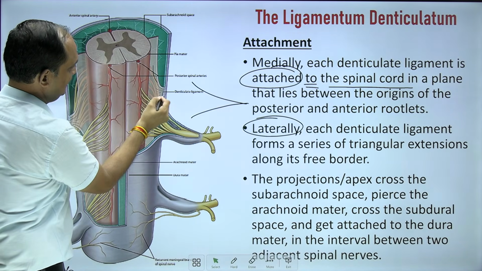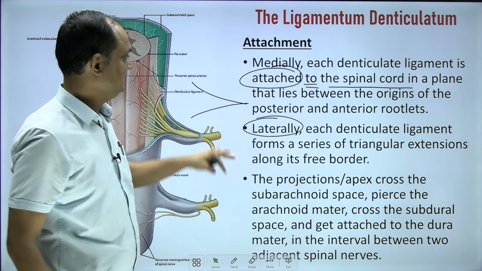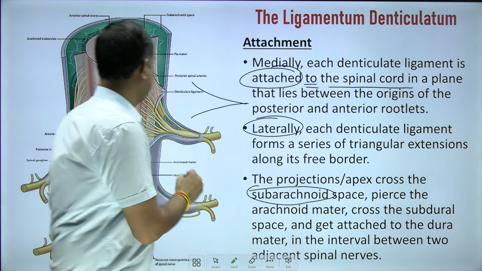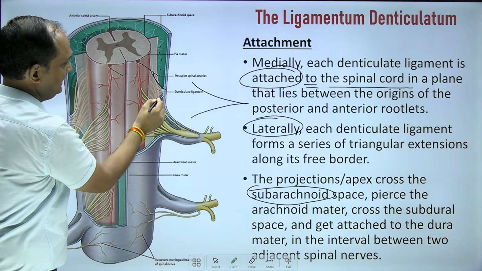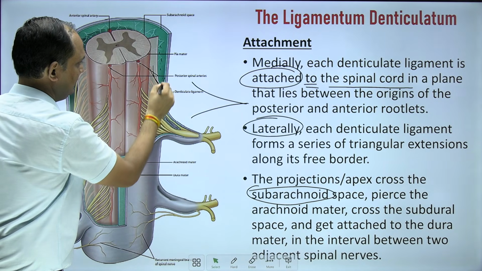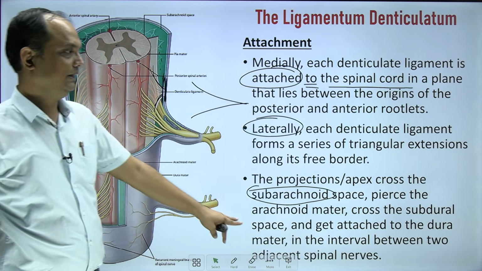Now this triangular extension is going laterally, and the apex of this triangle first crosses the subarachnoid space. So this is the subarachnoid space. It passes first through the subarachnoid space, then it punctures the arachnoid mater, and ultimately it merges with the outer dura mater.